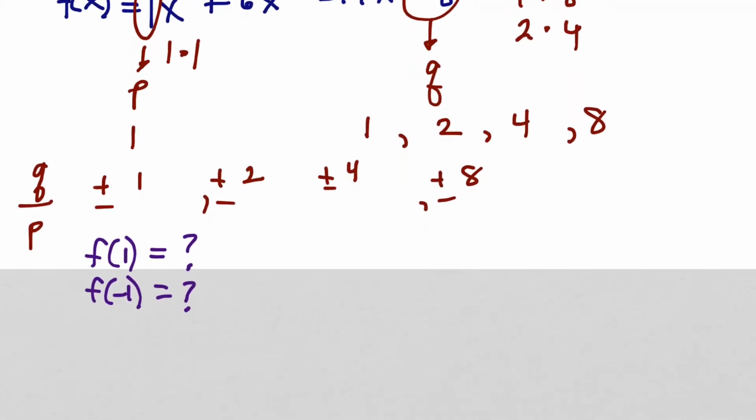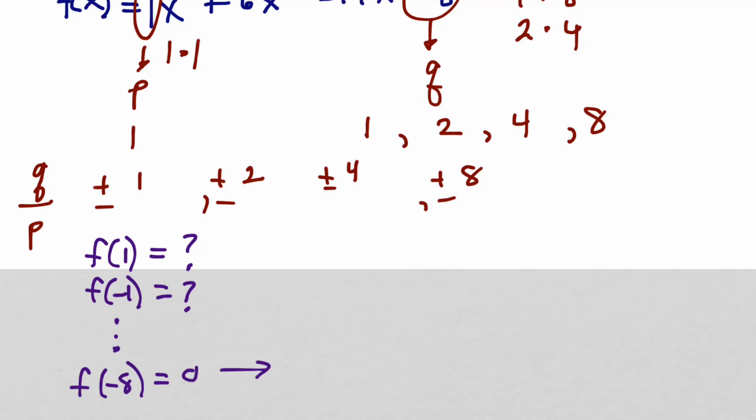And I would go all the way down to the last one being f of negative 8. And I want to find one that gives me 0, and I'll say, okay, that's a starting point, that's a 0. So I did that, and I found that f of negative 8 is 0.